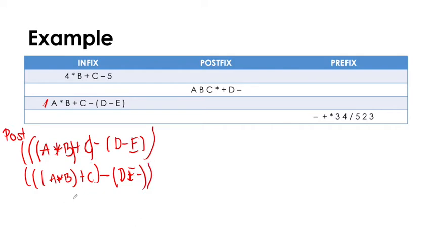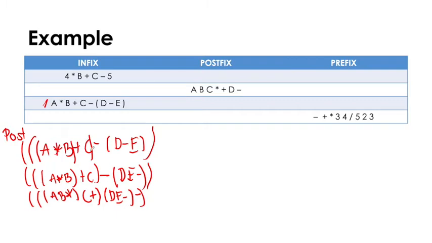And then after that, let's do the rest. So next is this one. So A, B, multiply, then C plus, and then let's put them together, D, E minus, minus.